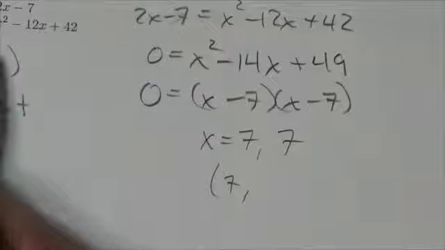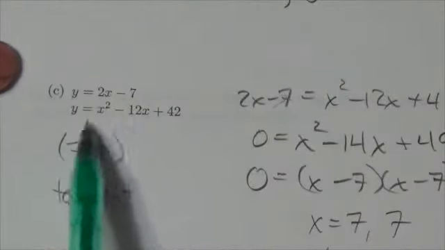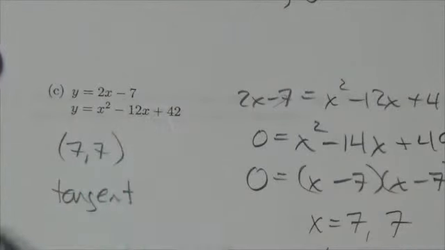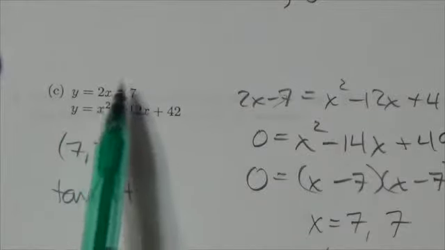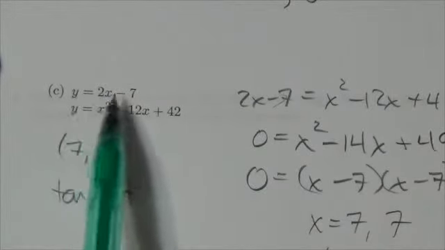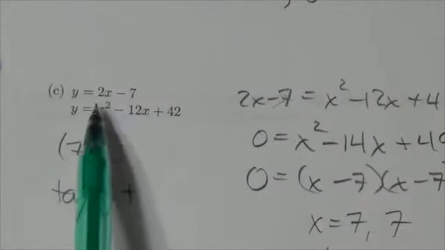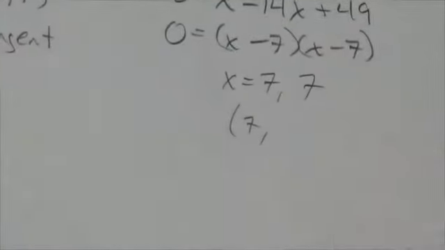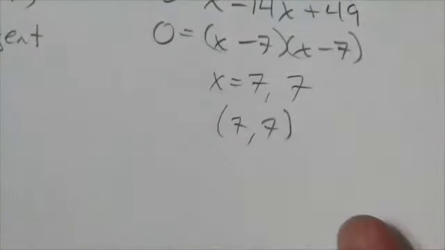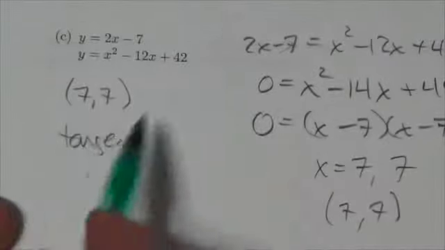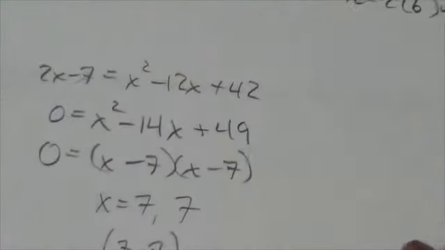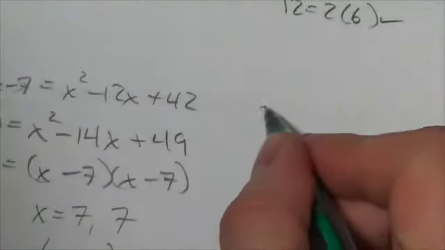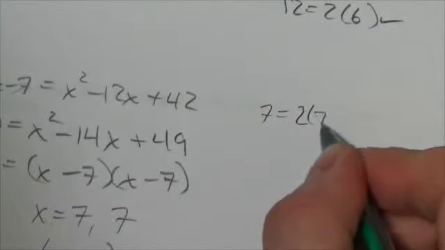If I look back at my system, I'm not going to use the quadratic, because it's so much more work, but I'll plug 7 into the first equation. 2 times 7 is 14, minus 7 is 7. So algebraically I'm getting the same point the calculator gave. To confirm this, is 7 in fact 2 times 7 minus 7?